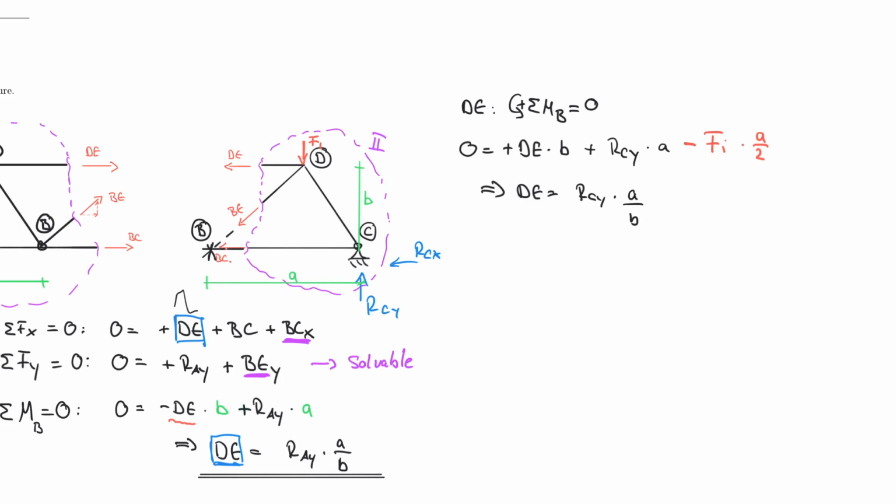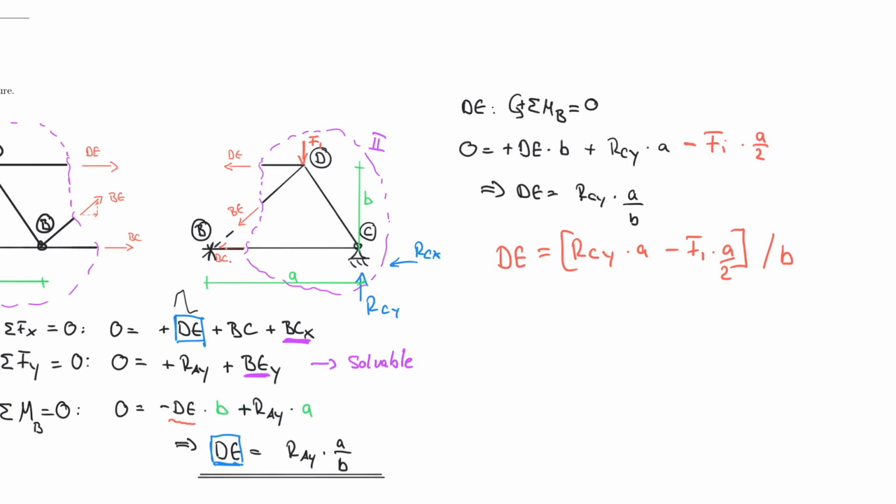And so I also need to include that in my equation here. If I substitute that, then we would have RCY times A minus F1 times A over 2, and all of that divided by B. So that's how DE would look if we had the force in there.